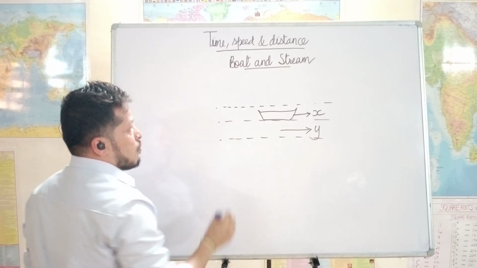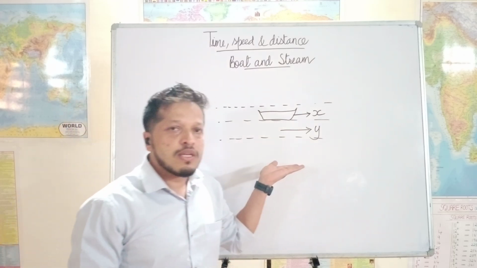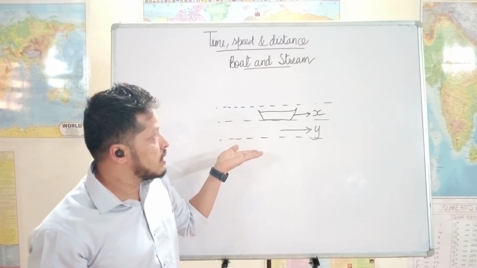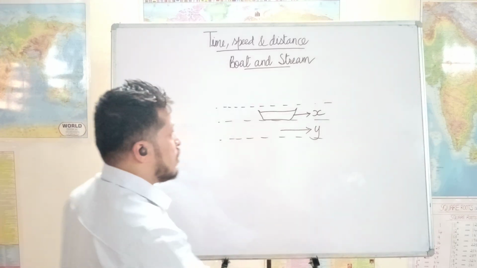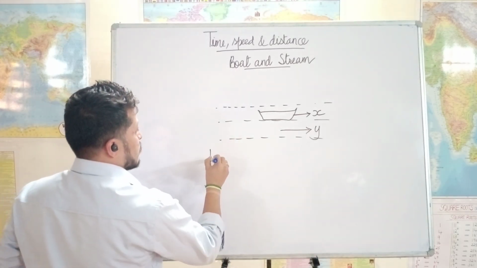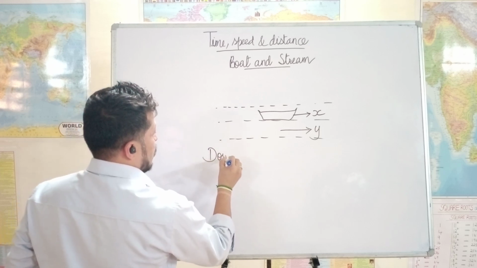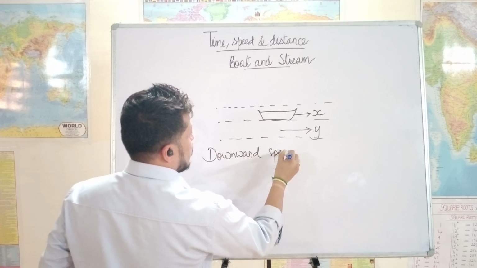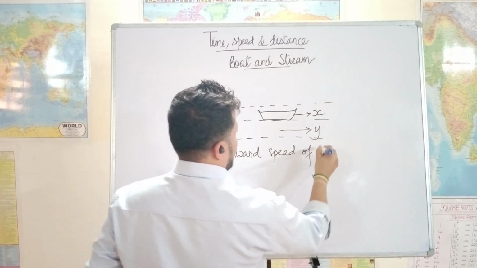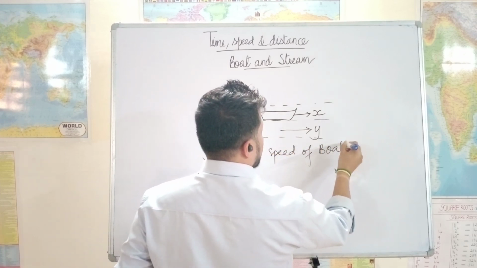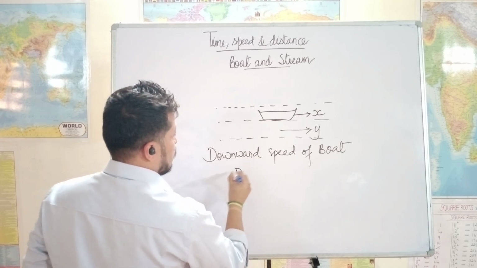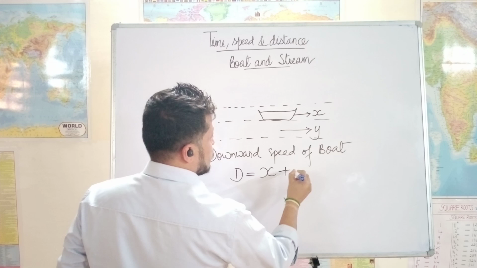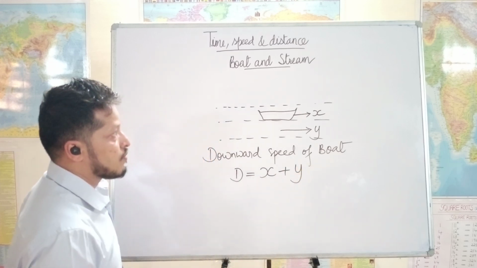and the speed of the boat increases if the boat is traveling in the direction of the stream, right? So that would be downward speed. So downward speed of boat, let's write as d, will be equal to speed of the boat in still water plus speed of the stream.